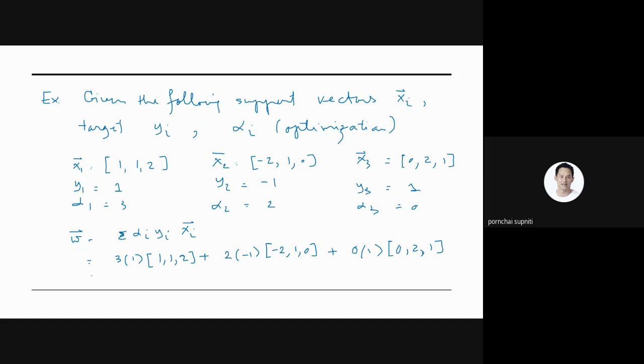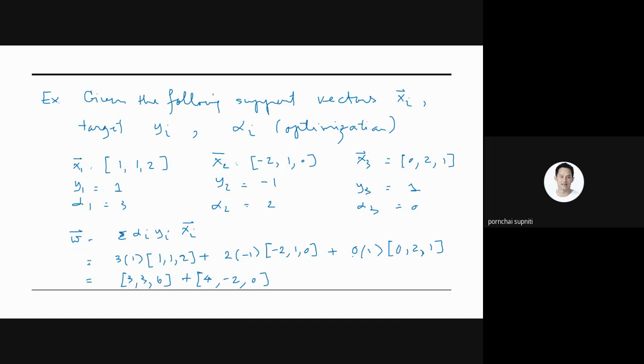Okay. So here you will have, what is it? 3 times, 3, 3, 6. Okay. Minus 2 plus 4. Minus 2 times 1 is minus 2 and 0.